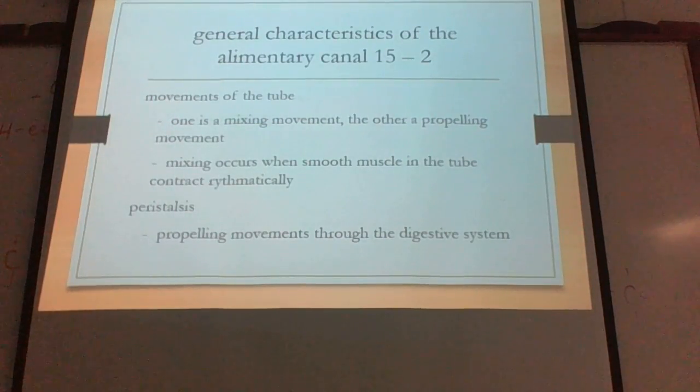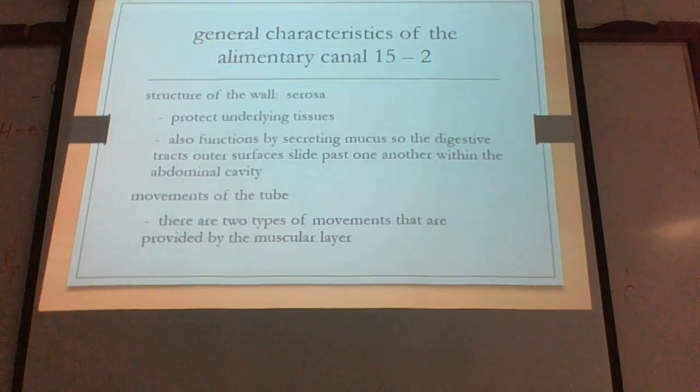Where did that one go? I don't know why I'm so confused. Because you just wrote two types, there are two types of movements. Oh, I wrote the same one. Right. Next slide.